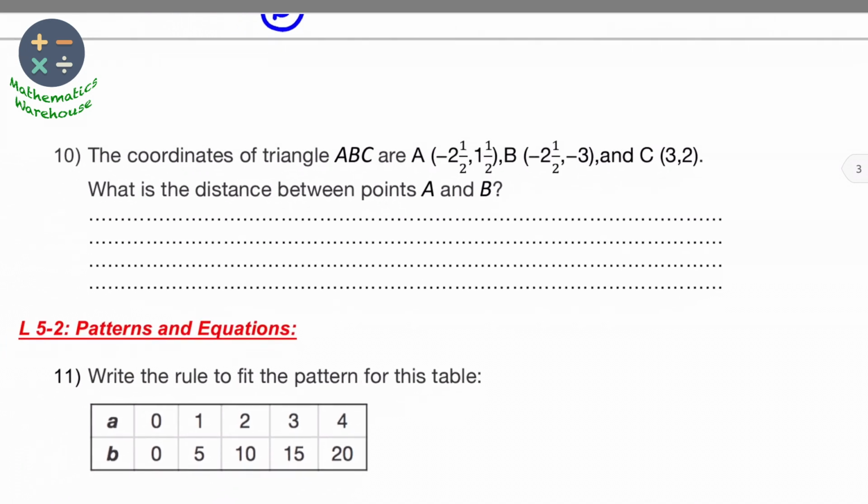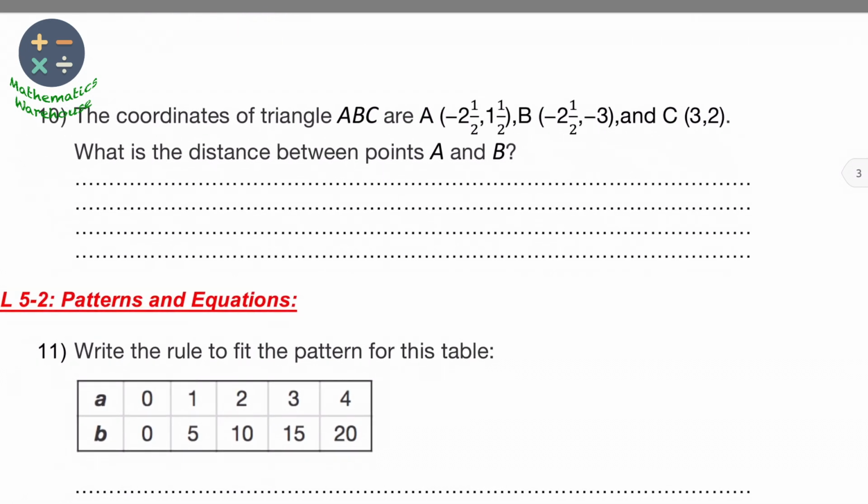Next question. The coordinates of triangle ABC are A(-2.5, 1.5), B(-2.5, -3), C(3, 2). What is the distance between points A and B?